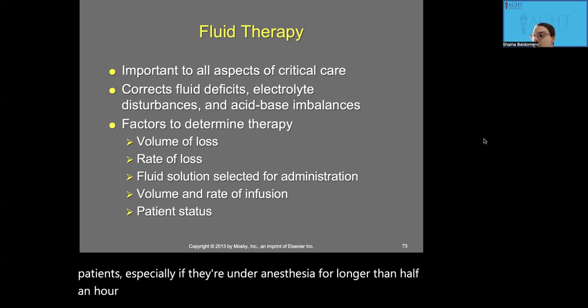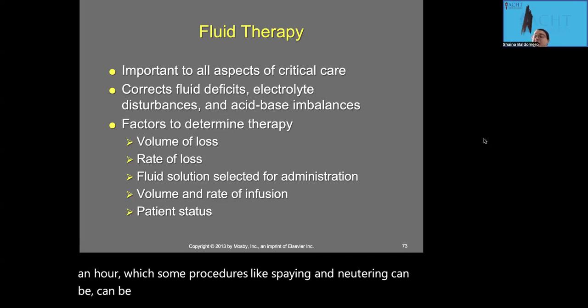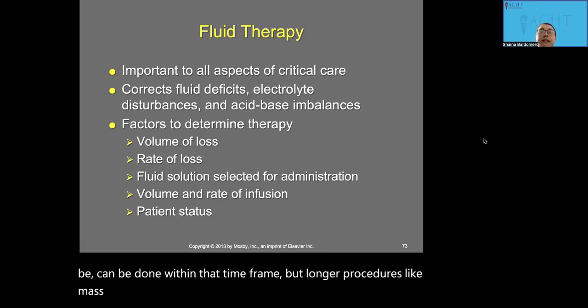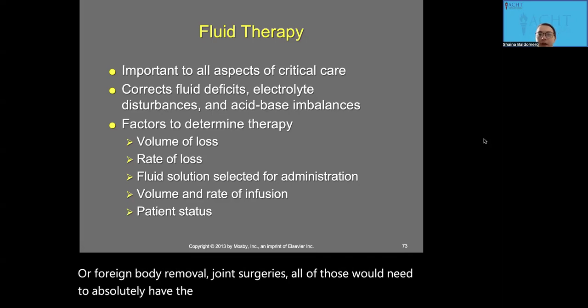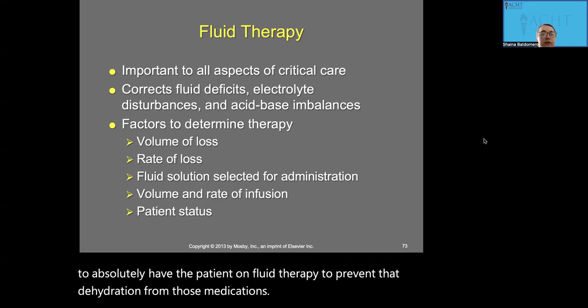Some procedures like spaying and neutering can be done within that time frame, but longer procedures like mass removals, dental cleanings, foreign body removal, and joint surgeries would absolutely need the patient on fluid therapy to prevent dehydration from those medications and from the procedure.